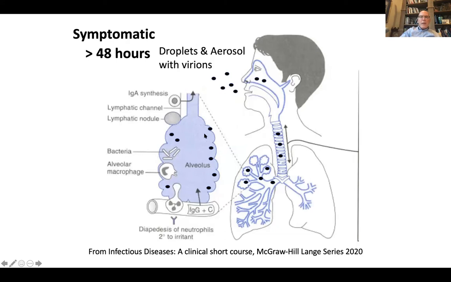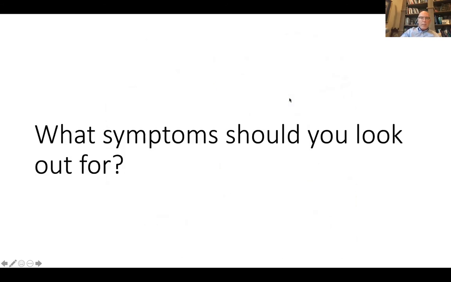And if these alveoli become filled with fluid, which is what happens when the virus infects the alveoli, there's a tremendous amount of inflammation and flooding of the alveoli with inflammatory fluid. As a consequence, the lung can no longer exchange oxygen. Now, it's interesting, when they get down to this point, patients generally are less infectious than when they have the virus in the upper airway.